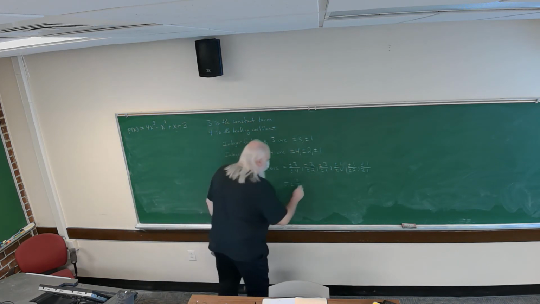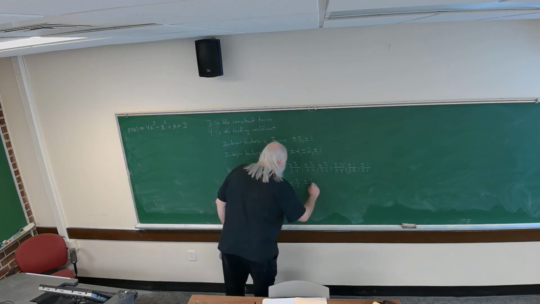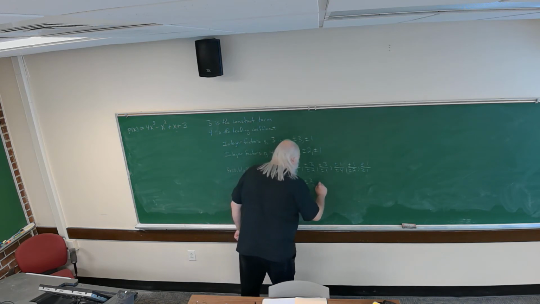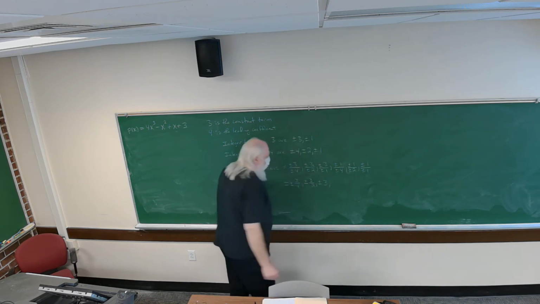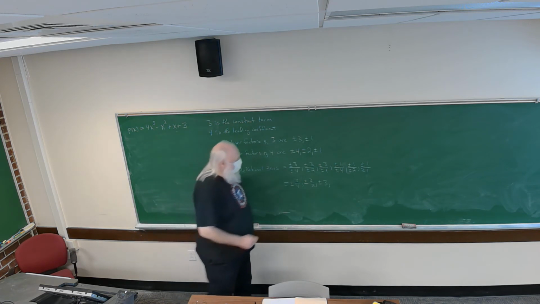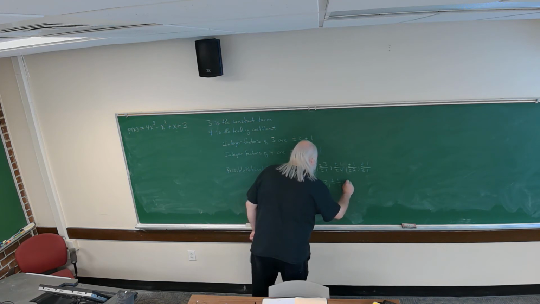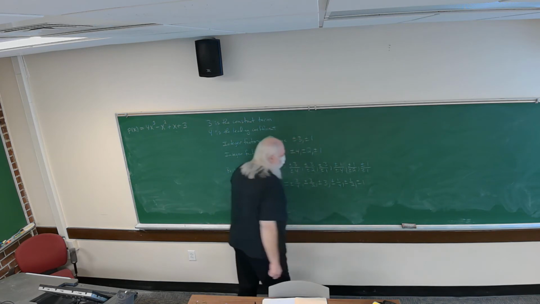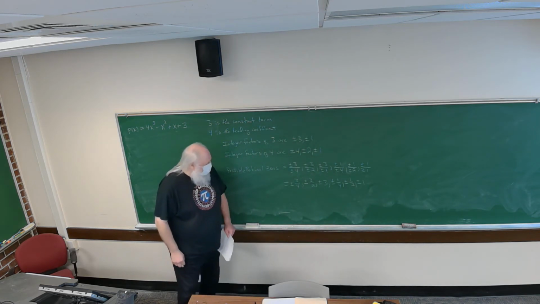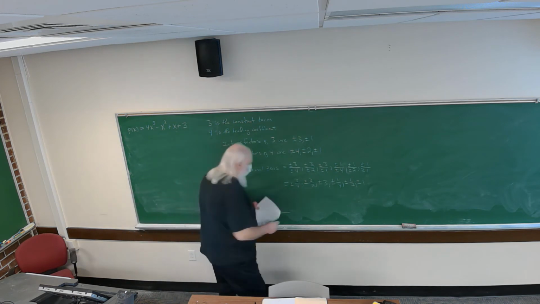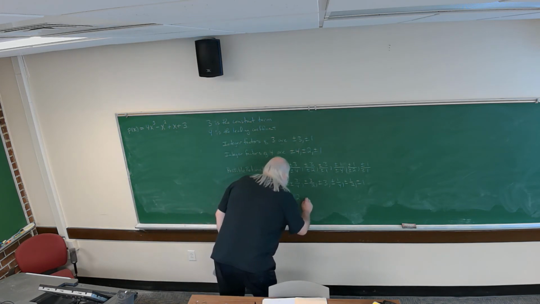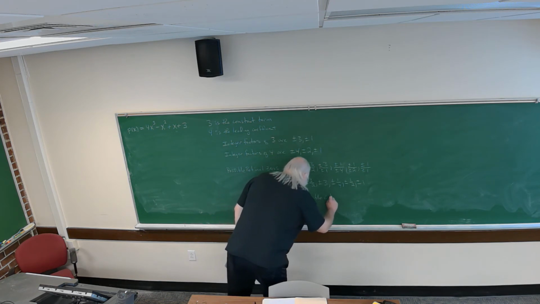Then plus or minus 3/2. Then plus or minus 3. Then plus or minus 1/4. And plus or minus 1/2. And then plus or minus 1. So there are 12 possible rational zeros.